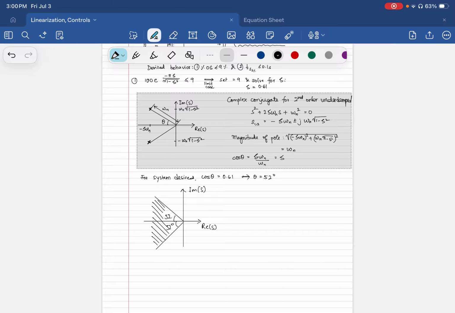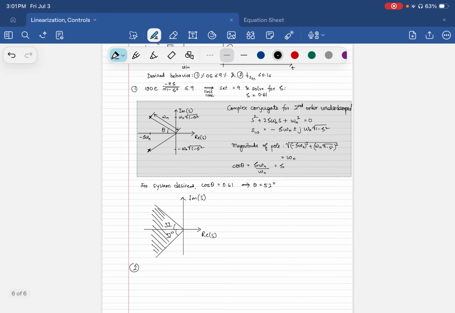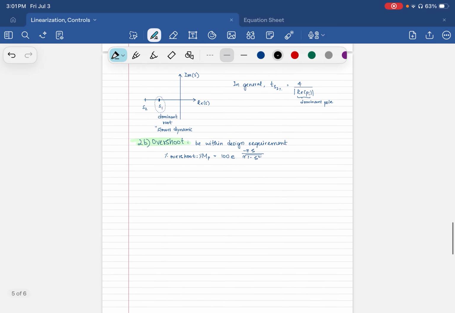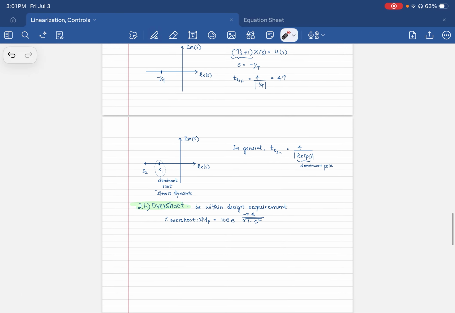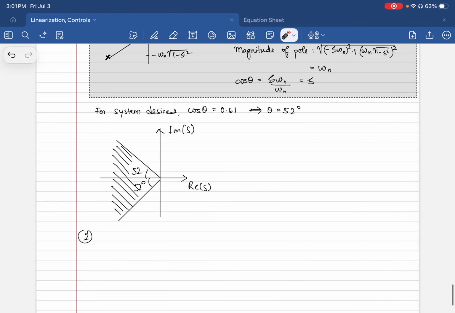Okay. Then comes the second one, which is that we have the settling time less than or equal to 0.1. This is something we discussed earlier, which is that the settling time is, in the limit case, 4 over the magnitude of the real part of the pole. So in this case, what is the magnitude of the real part of the pole?